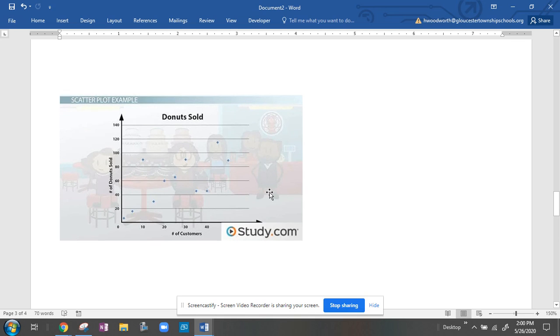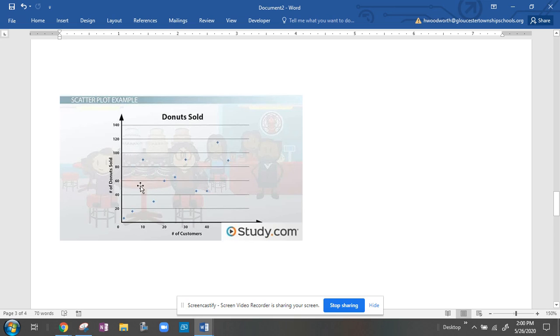Okay, so this is more scattered than I expected it to be. But you can, in general, see a trend of the more customers, the more donuts sold. The number of customers is your independent variable. The donuts being sold here is your dependent variable. That's what's being affected. So more customers generally means more donuts sold.